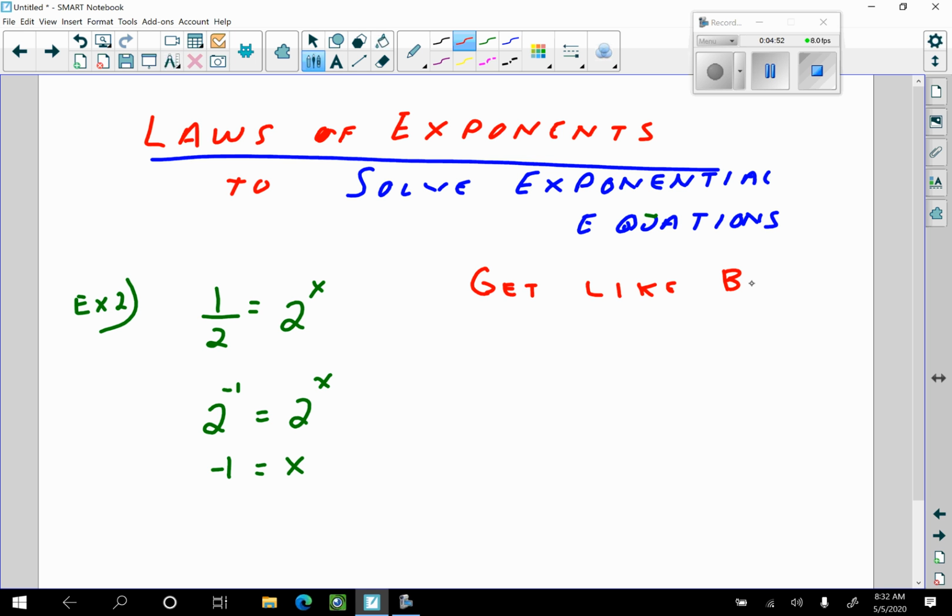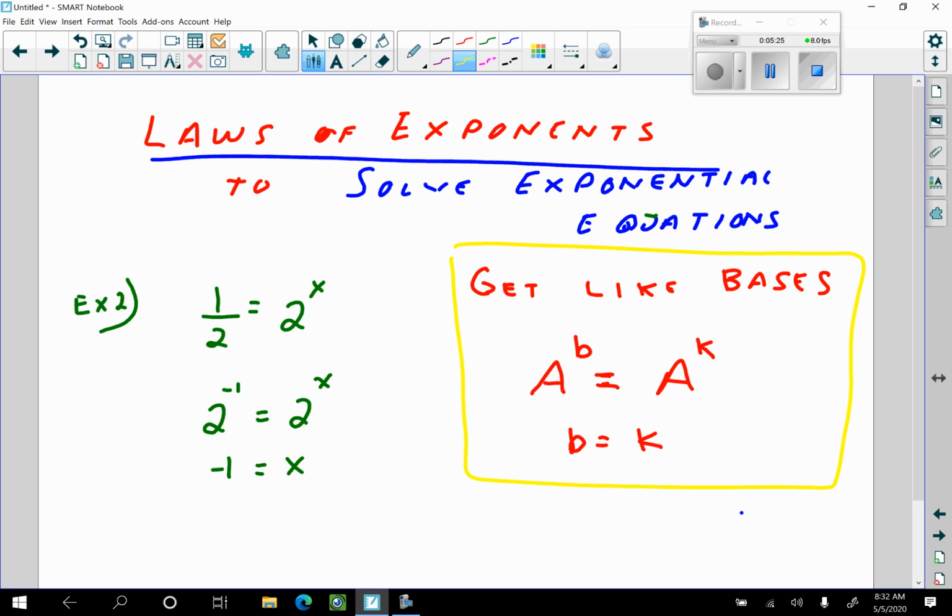You want to get like bases, and then all you're going to do is set the exponents equal. If a to the b is equal to a to the k, what do you know? Automatically you know that b is equal to k.